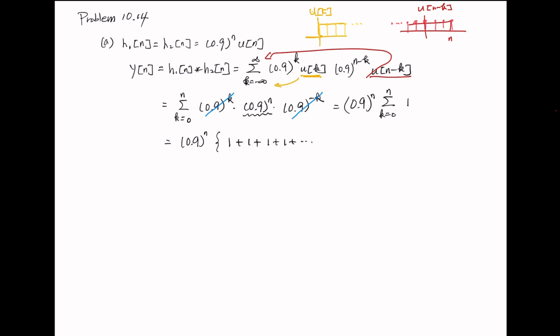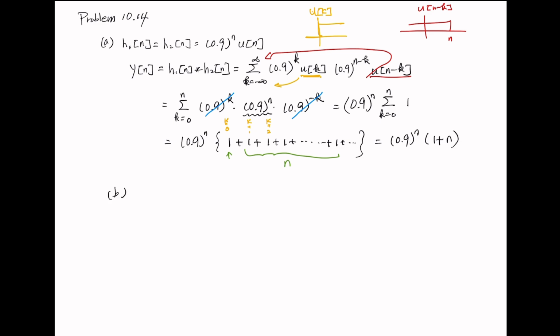The first one is when k equals 0, the second one k equals 1, the third one k equals 2, and then it's going to go forever. We know when we need to stop, we know the value of n. That's going to be n, counting 1 through n, and then we have 1 extra right there. Therefore, that is 0.9^n times 1 plus n.